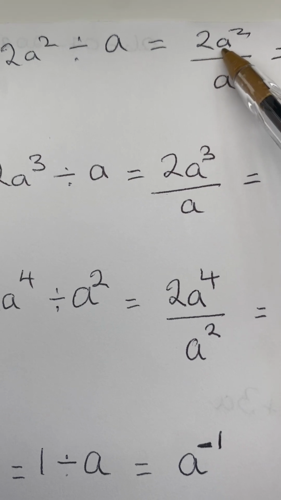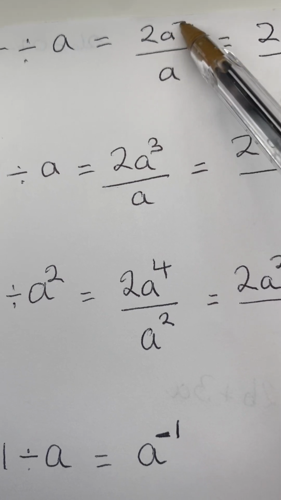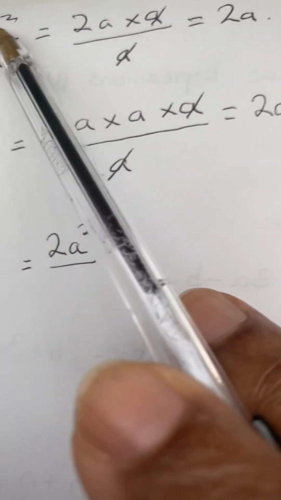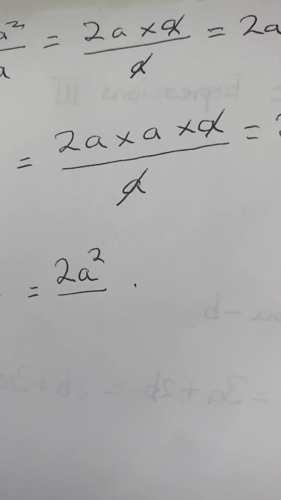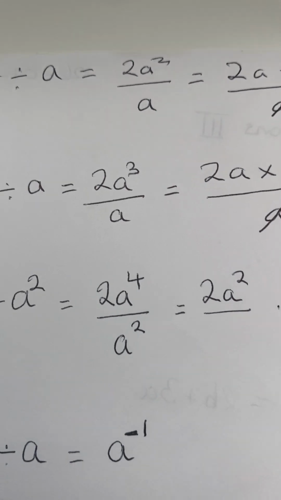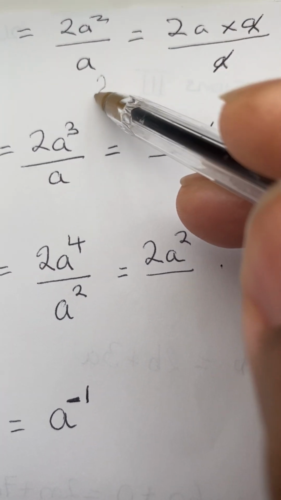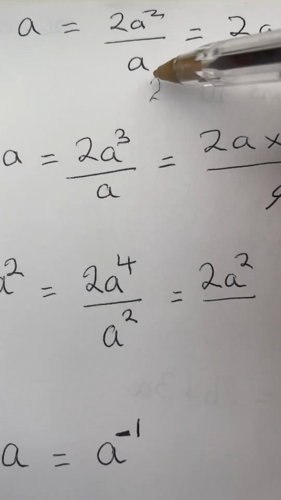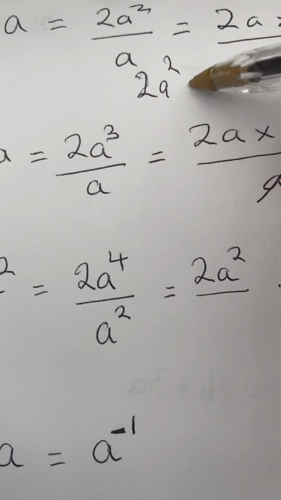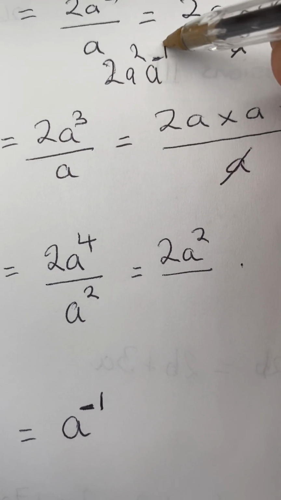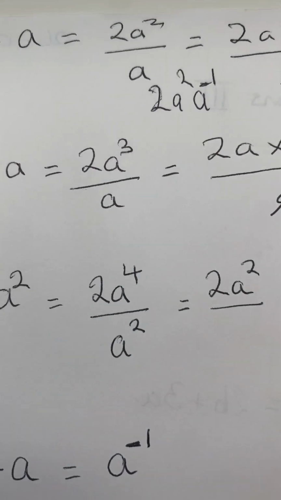A squared is the same as a times a. So one of these a's can cancel out, and you have 2a. Or what I showed you earlier, you can write this as 2a squared a to the power minus 1. You can write it as that.